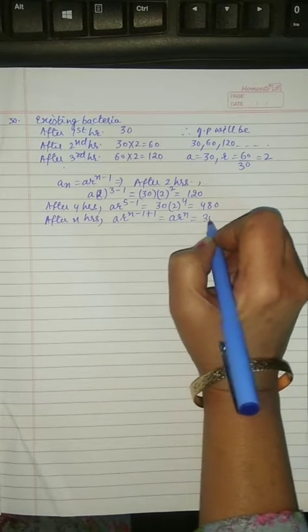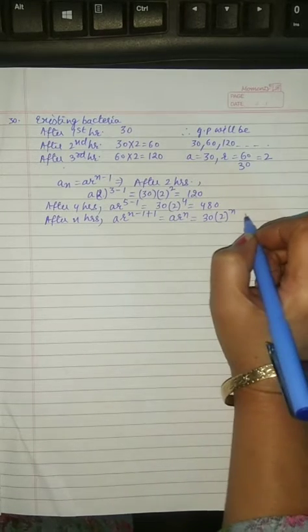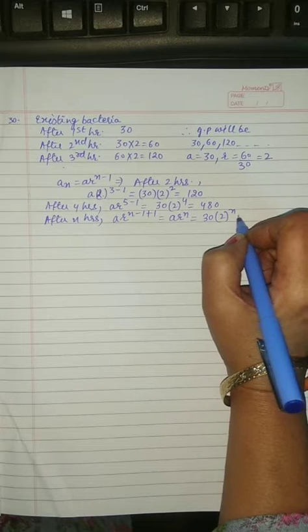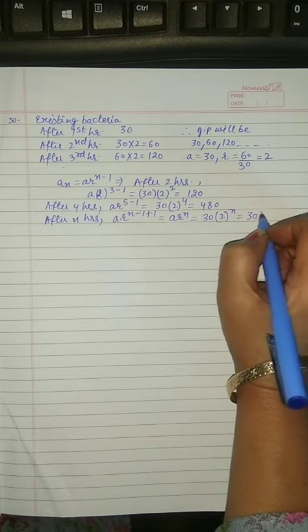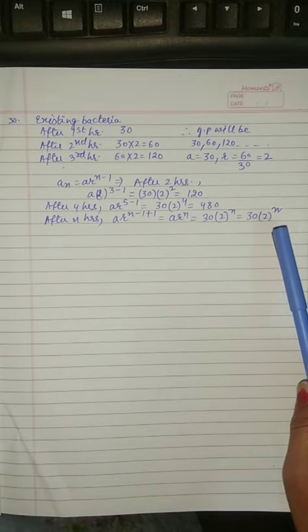So a is 30, r is 2 raised to power n. So it will be written as 30 into 2 raised to power n. So bacteria after n hours will be 30 into 2 raised to power n.